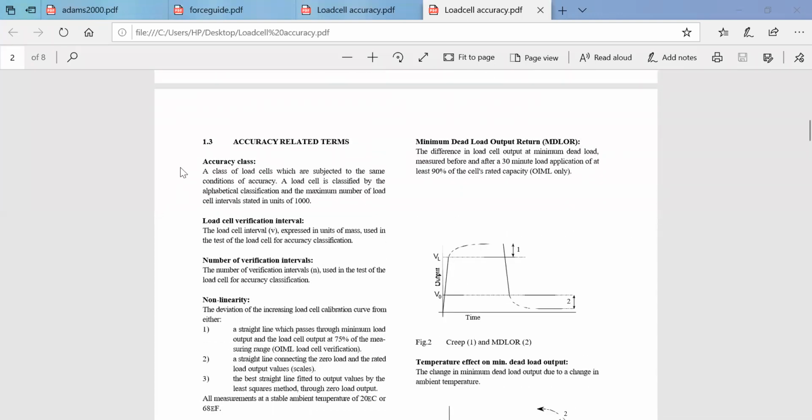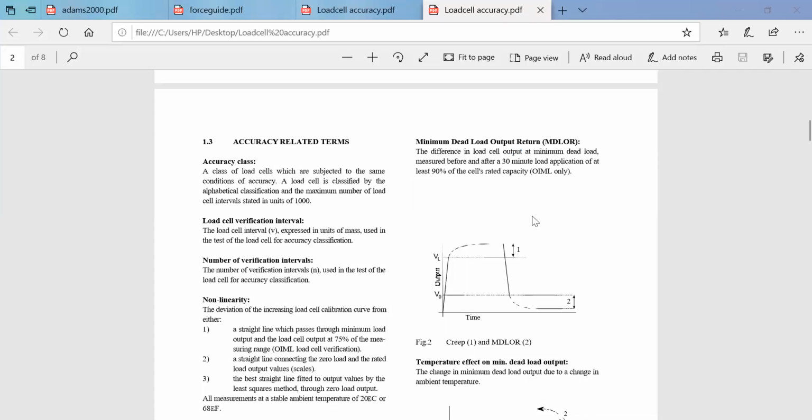After that, they also speak about minimum dead load output return, in short called MDLOR. What does it speak about? It provides the difference in the load cell output at the minimum dead load, measured before and after a 30-minute load application.